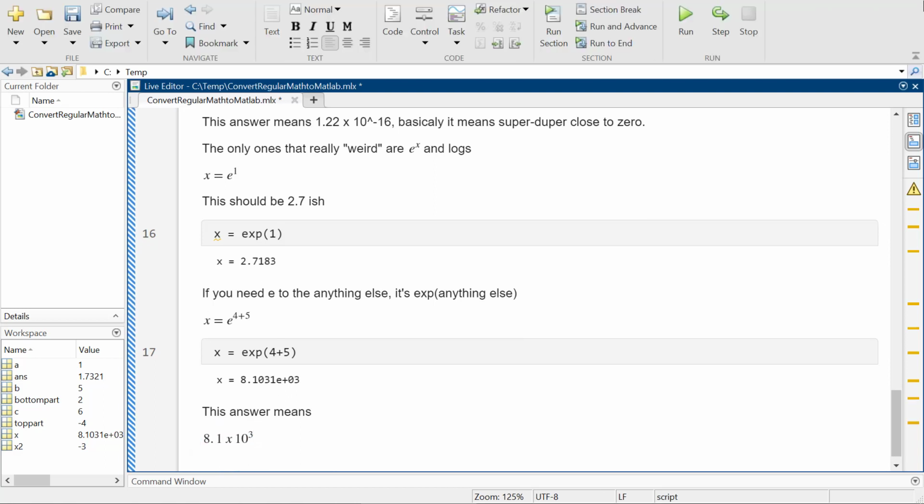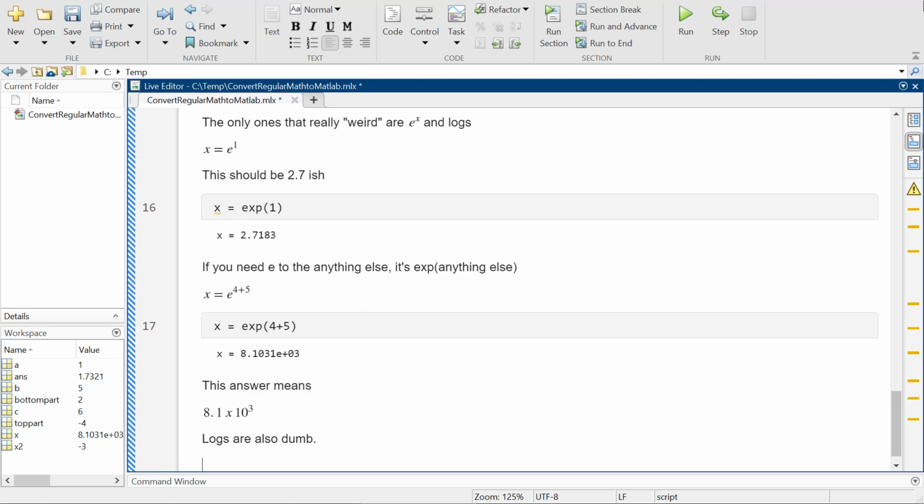Logs are also dumb. In theory, if you do log of 10 on your calculator, it should be 1, because log base 10 of 10 should be 1.